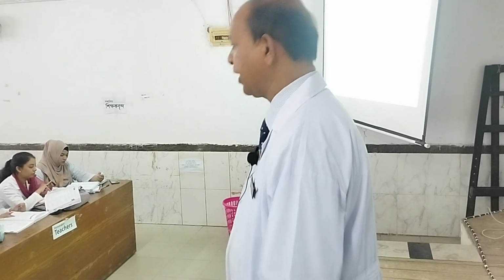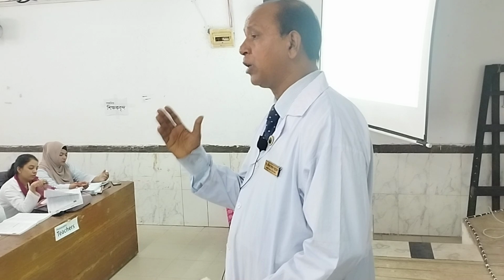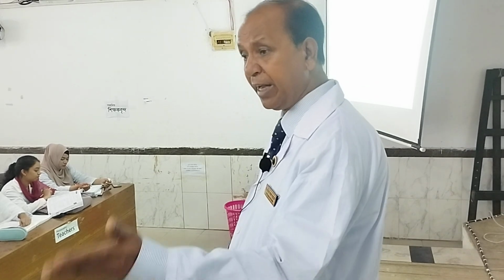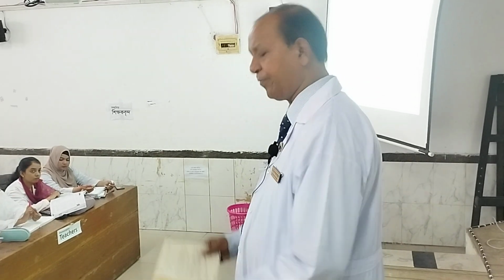Mild and moderate are fine. Severe means when bone marrow cellularity is less than 25%. This is the severe form of aplastic anemia.